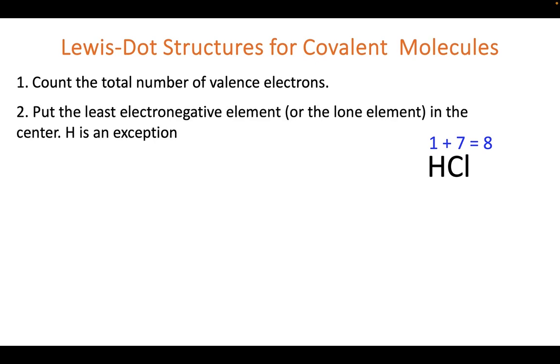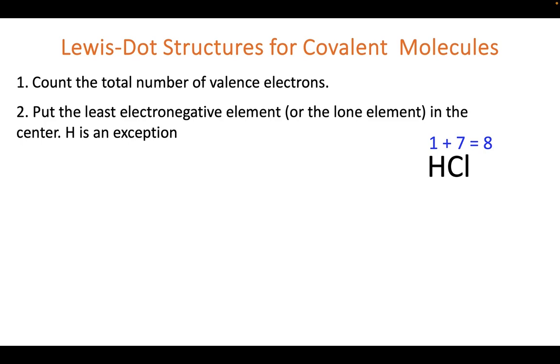So the second step is to put the least electronegative element, or the lone element, in the center, but hydrogen is always the exception. In this case, hydrogen is less electronegative than chlorine. But if you look on the periodic table, remember the arrow points up to fluorine. Hydrogen is way over to the left, but it's actually a nonmetal.